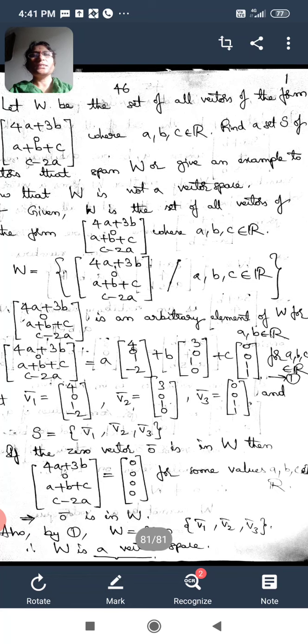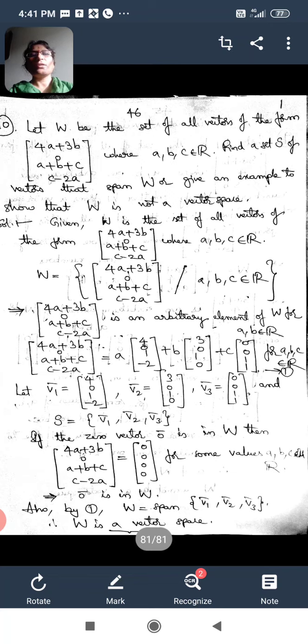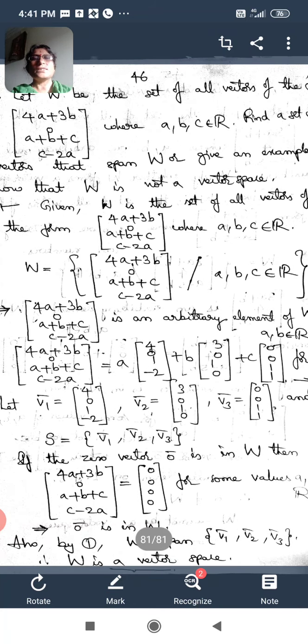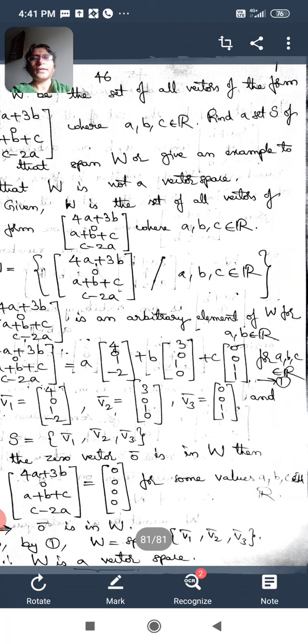So W is the set of all column vectors of the form 4a plus 3b, 0, a plus b plus c, c minus 2a, which are of order 4 by 1, as there are 4 rows and 1 column in this arbitrary element of the set W. And we can also say that these elements consist of scalars a, b, c, which are taken from the set of real numbers R.